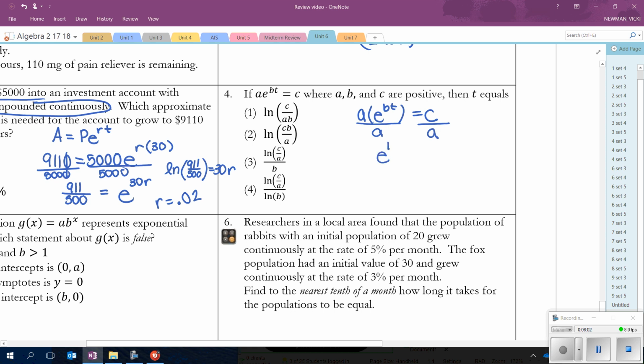Divide by the initial to get e by itself. Then we change the form. Log base e is ln of C over A is equal to bt. Solve for t means divide by b. So ln of C over A divided by b is choice 3.